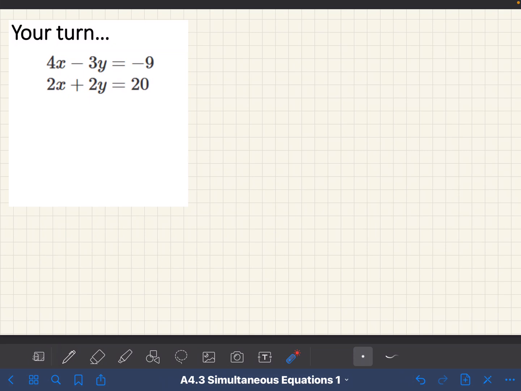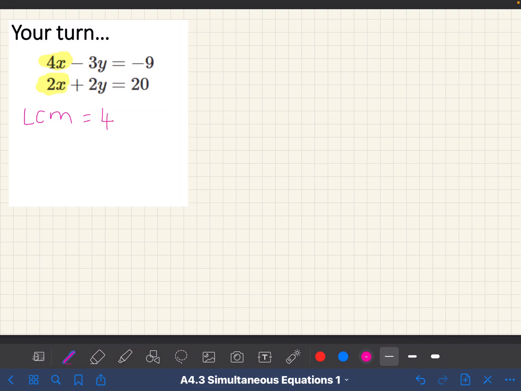Okay, so we've got 4x minus 3y is equal to minus 9. We've got 2x plus 2y is equal to 20. When we look at these, we can see that the lowest common multiple of 4 and 2 would be 4.